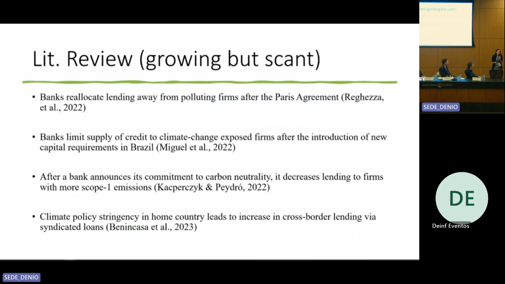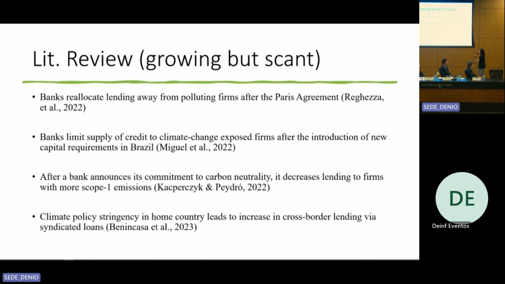So where this paper fits in the literature, this literature is pretty scant, but it's growing very fast. There is some evidence that after the Paris Agreement, banks reallocate their lending away from polluting firms. There is also some evidence in Brazil, from work that I've been doing with two co-authors.